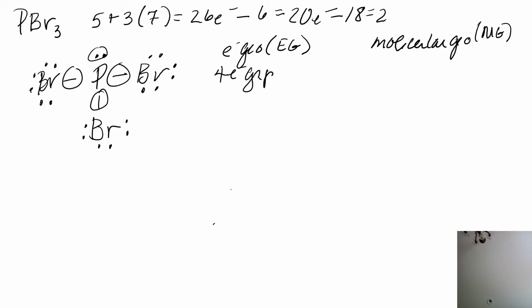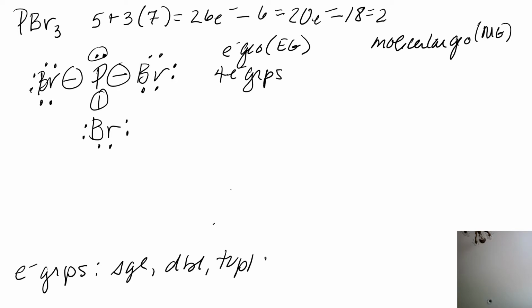Let's remind ourselves what electron groups are. They can be single bonds, double bonds, triple bonds, or lone pairs of electrons. Each of these constitutes 1 electron group.